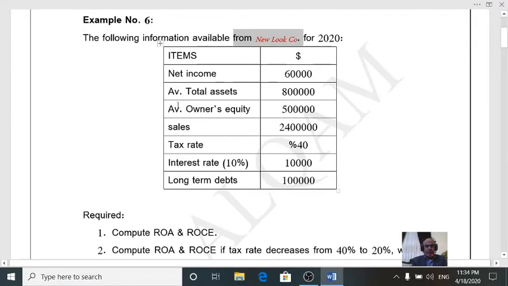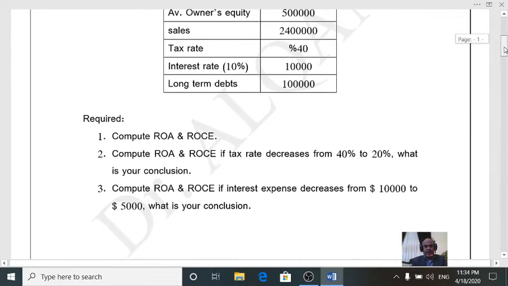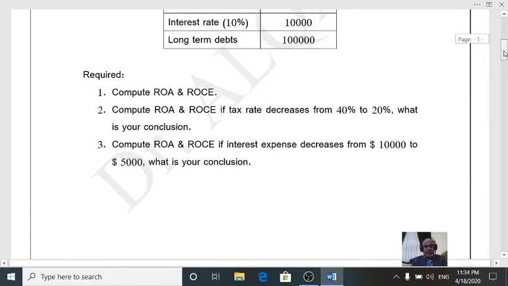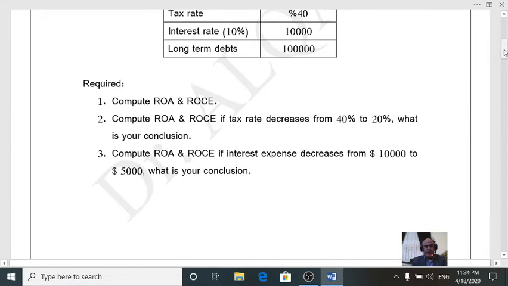We have information about net income, average total assets, average common owners' equity, sales, tax rate, interest rate, and long-term debts. First of all, we need to compute return on assets and return on common equity without any decrease or increase in interest rate and tax rate.